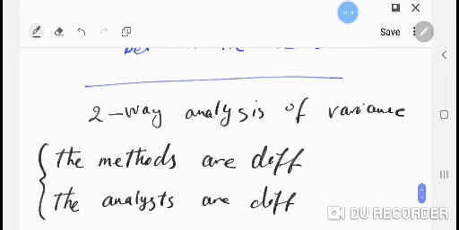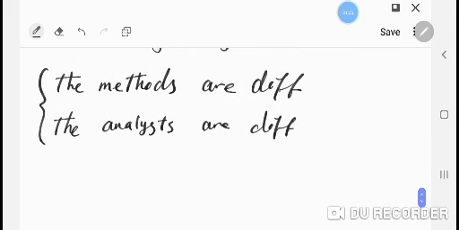If each analyst does each method only once, there are m multiplied by n observations.